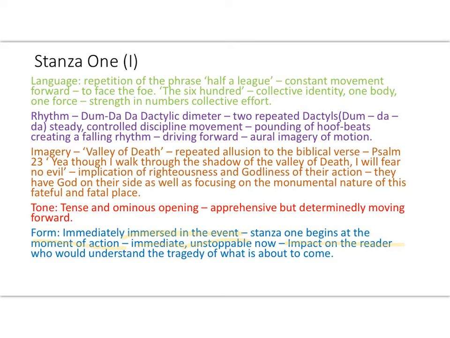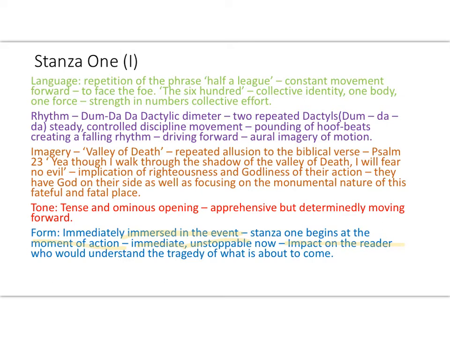Remember, a 19th century reader would be well aware of the defeat that was the result of the charge of the Light Brigade, but that's not at issue here. What's at issue is that the form immediately takes us to a moment of action, and we share in that moment of action. The tone of that opening stanza is important as well.